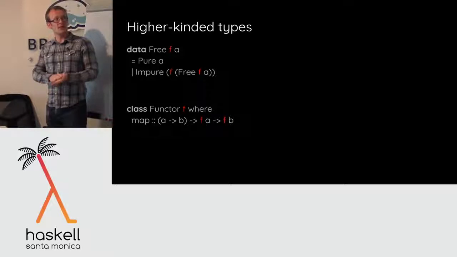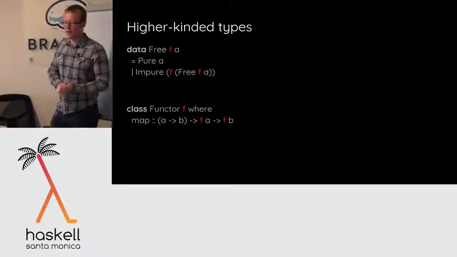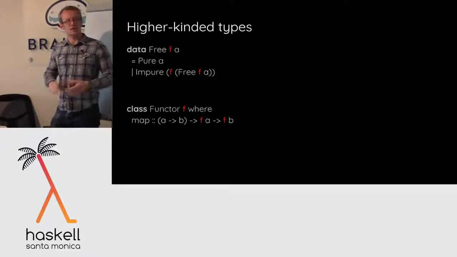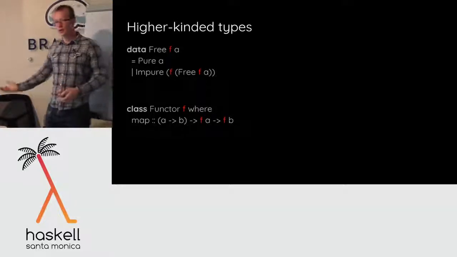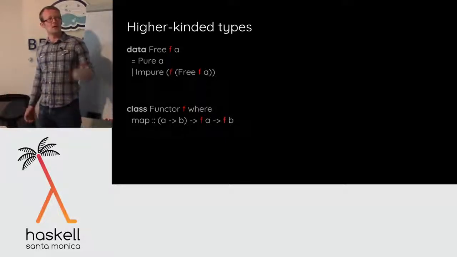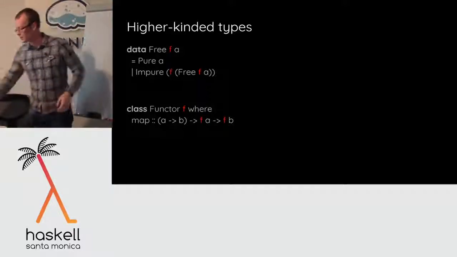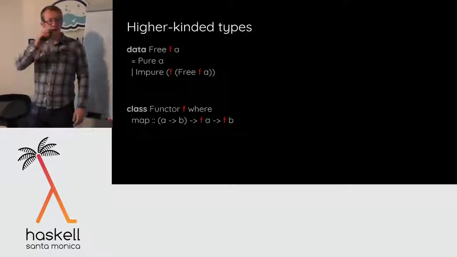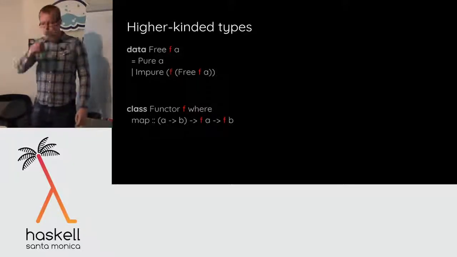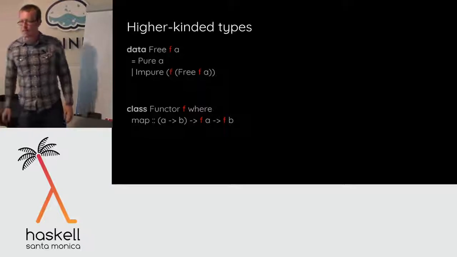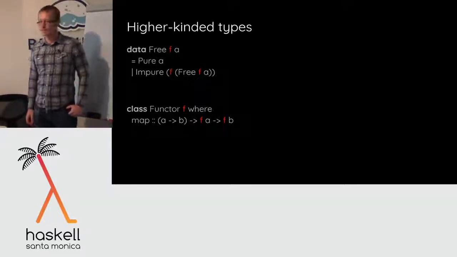So when we have the ability to talk abstractly about type constructors or type constructor constructors and what have you, then we say we have higher-kinded types, because we can classify the different sorts of type constructors using this notion called kinds. So how do you know, looking at the signature, that in Free f a, f is a constructor?